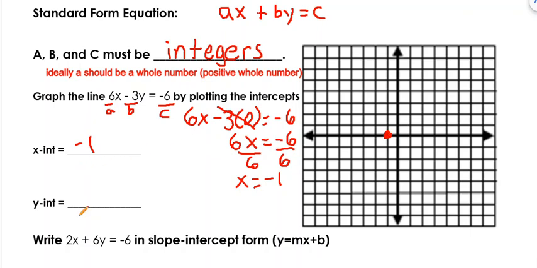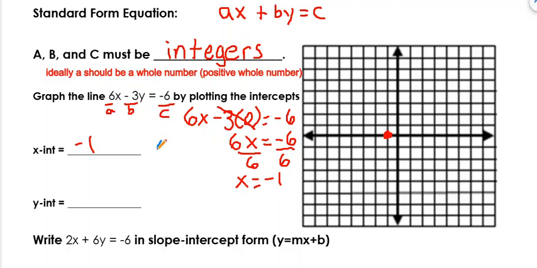So now let's do our y-intercept. So we already learned about y-intercepts. Remember, y-intercepts cross the y, right? So if I have a point on my y-axis, what is my x value there? Well, it didn't move left or right from the origin, so my x value there is 0, right? So when I solve for the y-intercept, I want to plug 0 in for x.